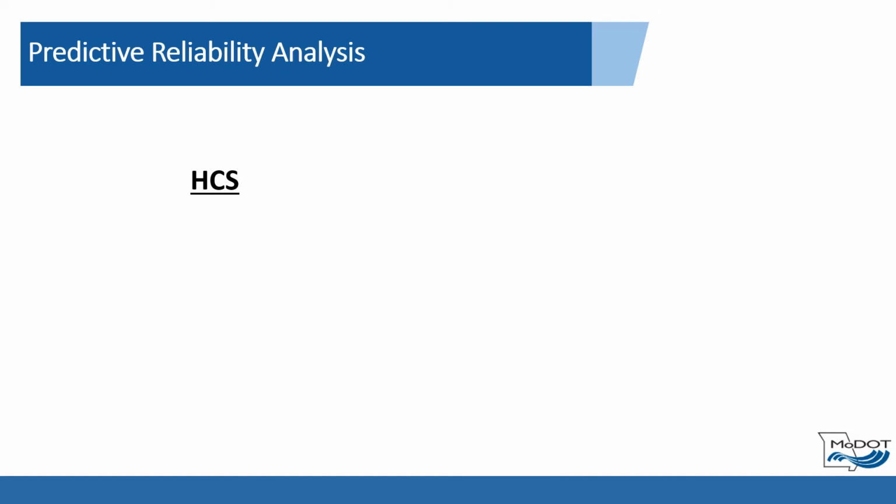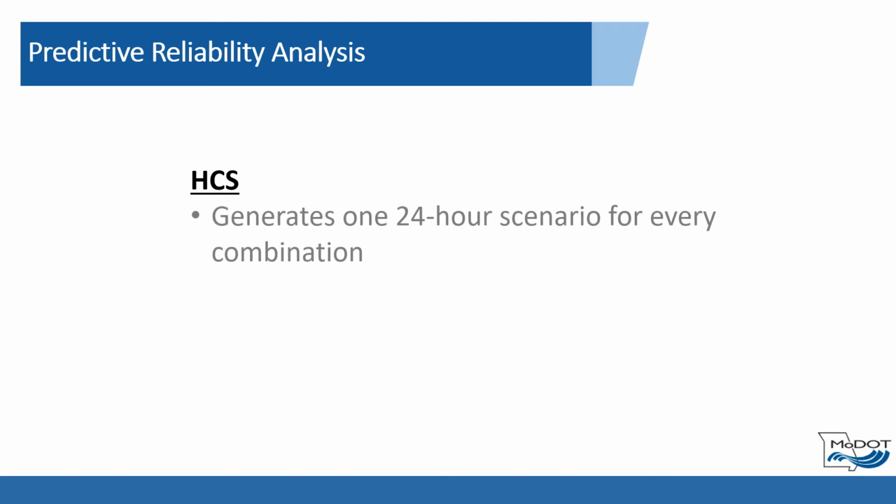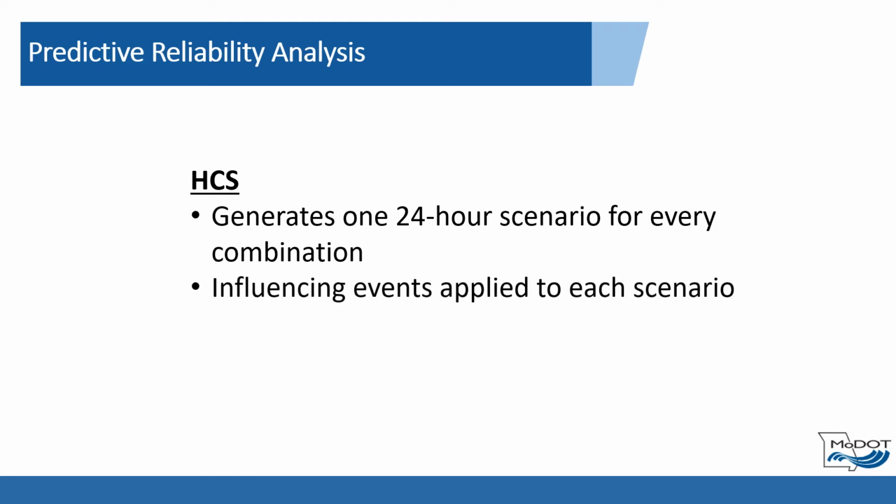With regards to predictive reliability analysis, HCS generates at least one 24-hour scenario for every month and day of week combination. Influencing events are applied to each scenario to generate a sample of travel times over a specified period, typically 1 year.